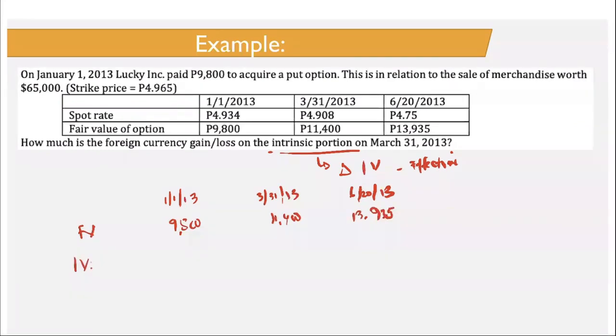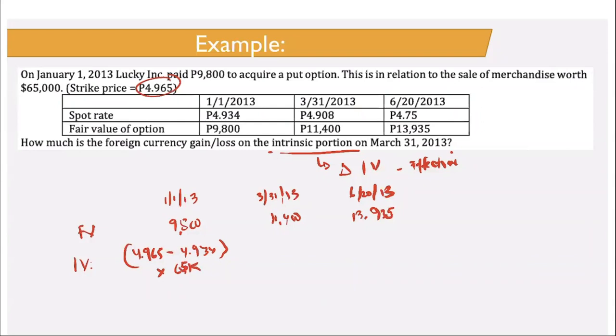Next, we compute the intrinsic value of your option. On our first date, we have 4.965 as the strike price, less the spot rate of 4.934, multiplied by our notional amount of 65,000.